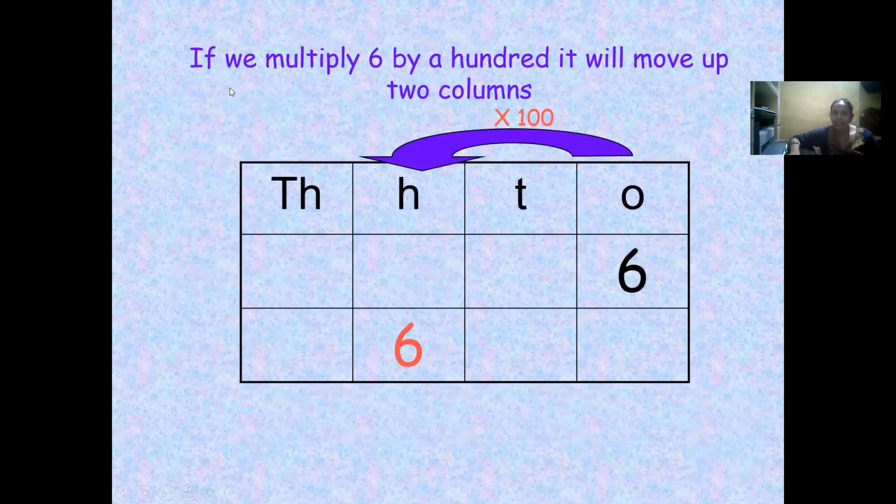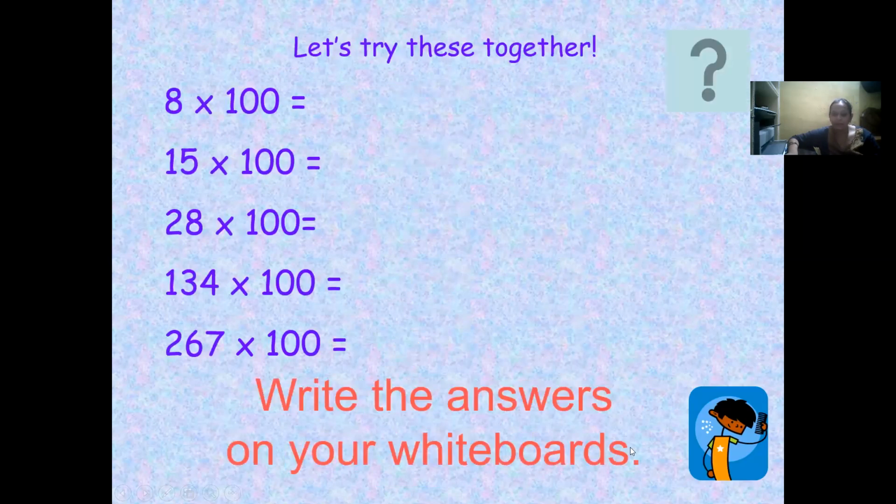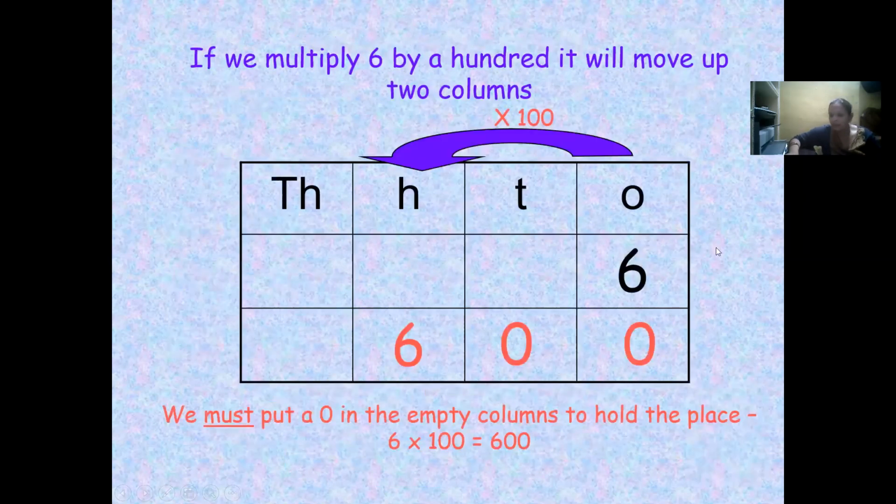Now next, if we multiply 6 by 100, it will move up 2 columns, right? For example, now see, 6 is at ones place. Now you are multiplying by 100. So 6 will move to hundreds place. And now the empty places are replaced by 0, see, 0, 0.